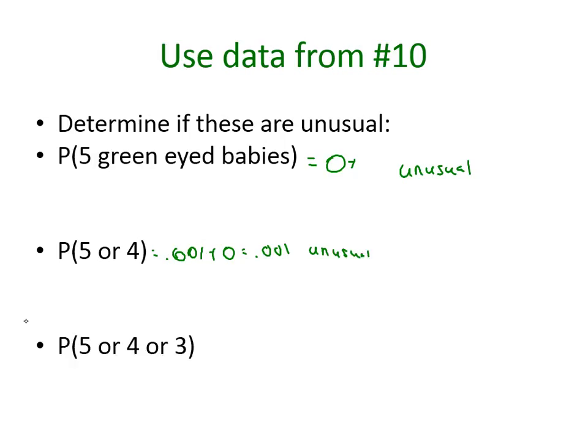What's the probability that it's 3 or more babies? What is the probability that it's 3? 0.013? Is that still less than 5%? Still less than 5%, so still unusual. So if I asked you is it usual to see that I have 3 or more of those 5 babies with green eyes, it's still unusual. Now if I added in the 2, the probability that there was 2 is large enough that it's now brought me over the 5%.